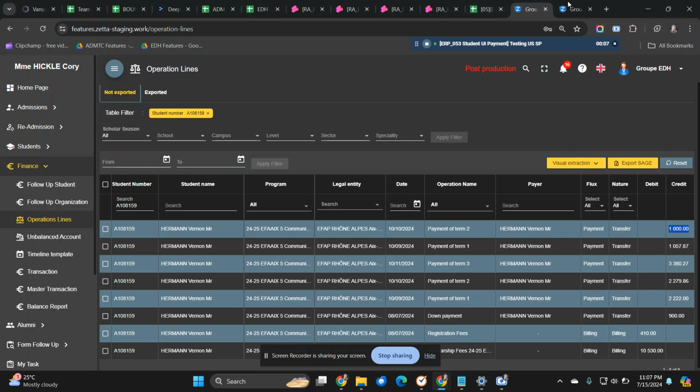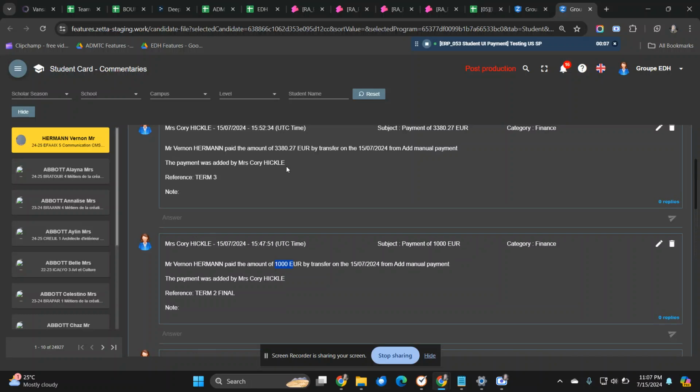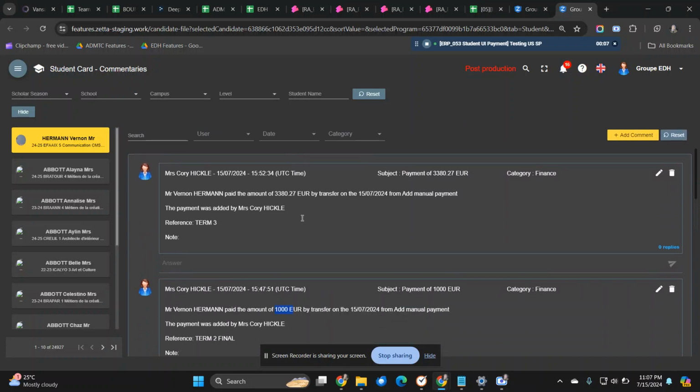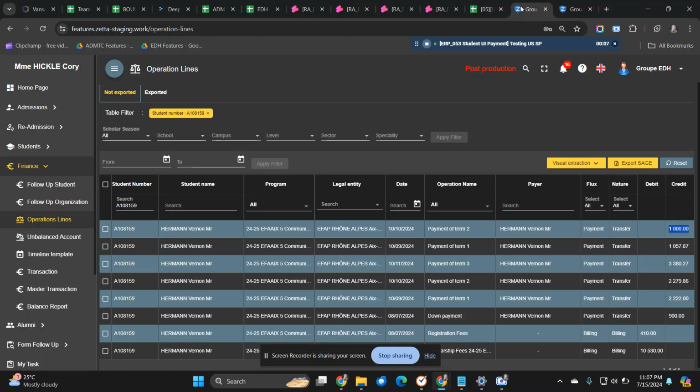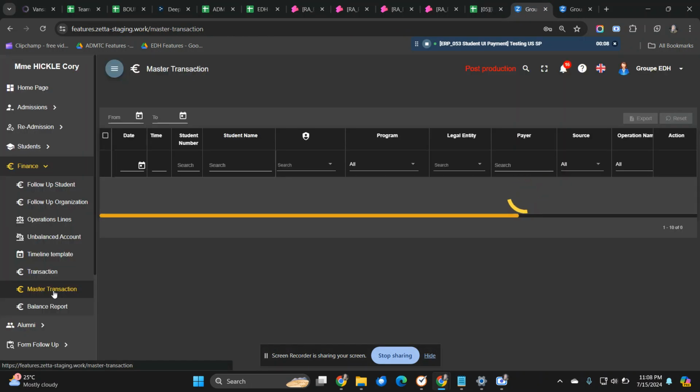But when I check here, okay, so for the payment of term 1, when I paid as partially, it's not recorded in the commentaries and master transaction.